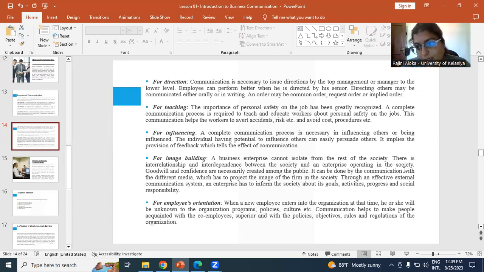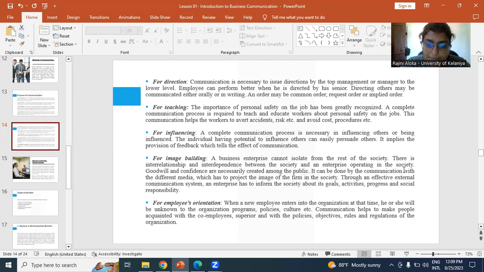So teaching is another purpose, to teach, to educate. For influencing, a complete communication process is necessary in influencing others or being influenced. An individual having the potential to influence others can easily persuade them. It implies the provision of feedback, which tells the effect of communication.